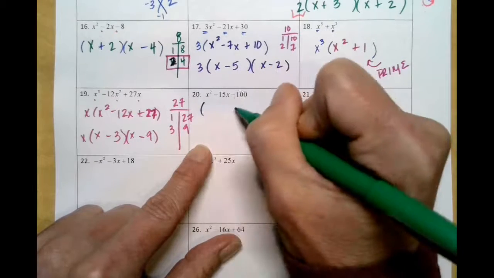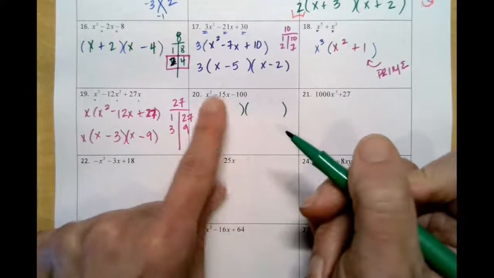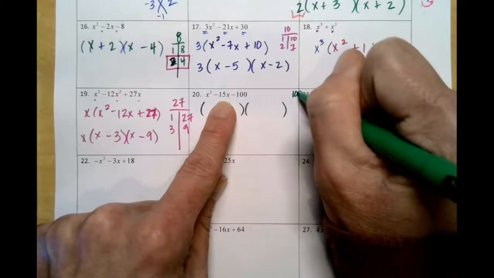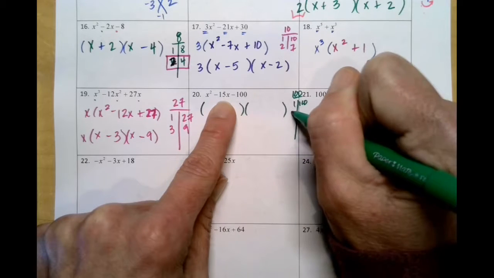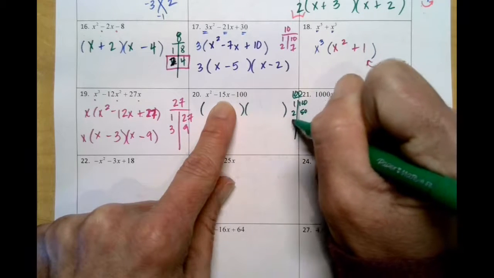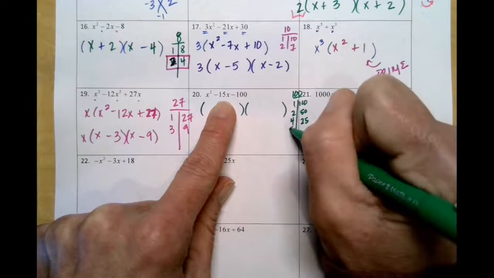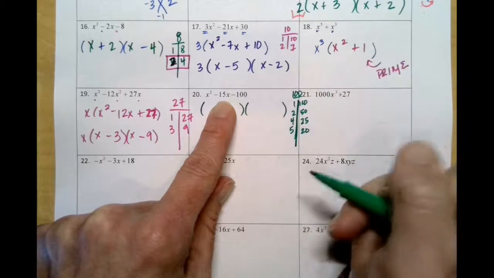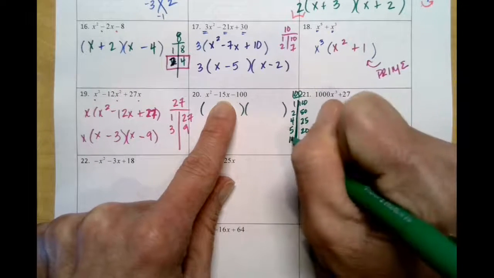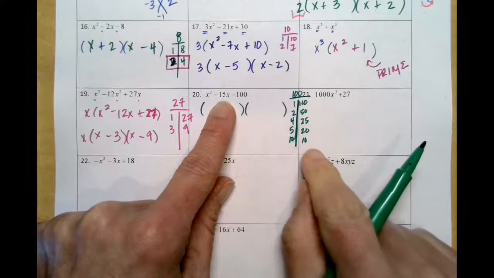All right, here I have a quadratic trinomial, 3 terms. I'm looking at 100 as factors, 1 and 100, 2 and 50, and 4 and 25. How about 5 and 20? And I think about 6, no, 7, no, 8, no, 9, no, 10 and 10. So here's an example of all the factors of 100.